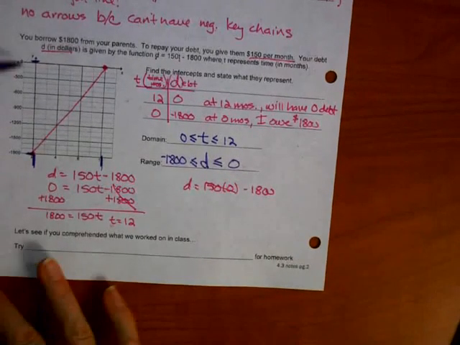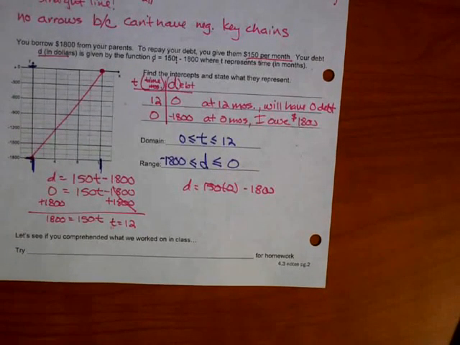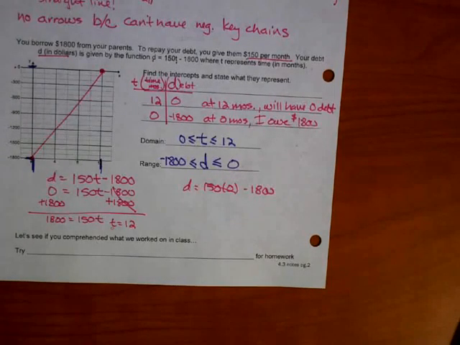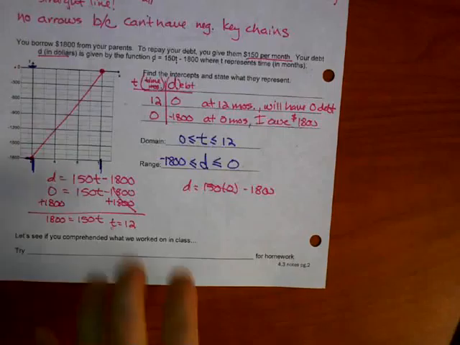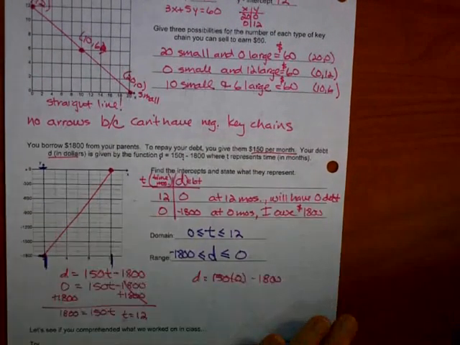So it's just what your graph is here, between 0 and negative 1,800. That's your debt. That's your range. That's your output. Again, domain and range, keep trying with it. The other stuff is what's important for this section. Okay? So why did you put the 0 again?